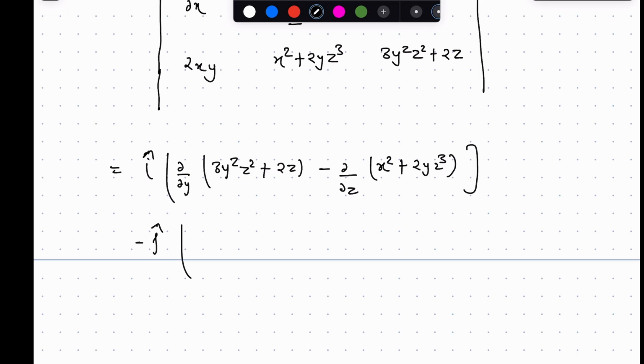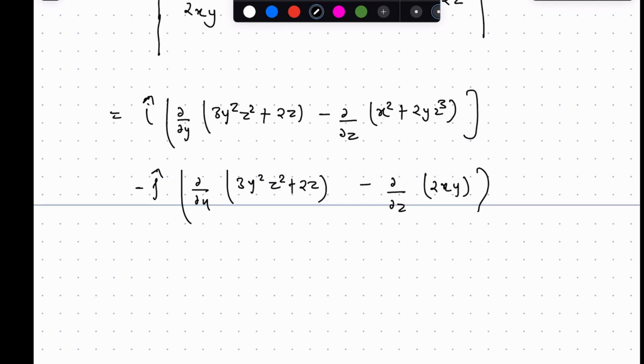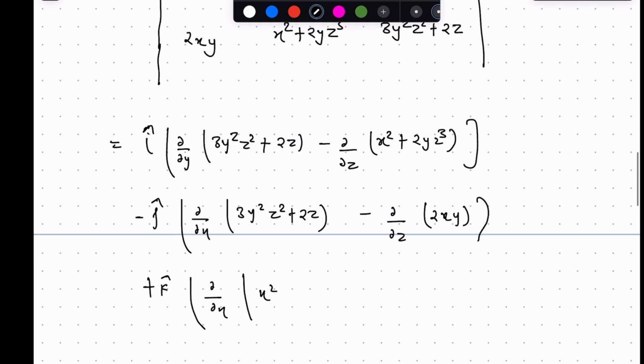Then you will have ∂/∂x of 3y square z square plus 2z minus ∂/∂z of 2xy, and then plus k cap, then ∂/∂x of x square plus 2yz cube, and then minus ∂/∂y of 2xy. So this is our complete expression.